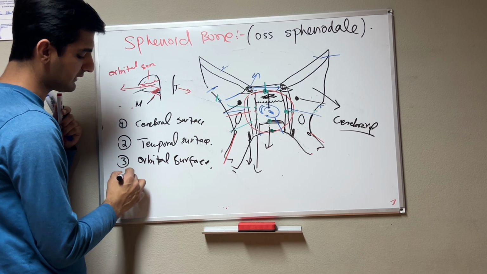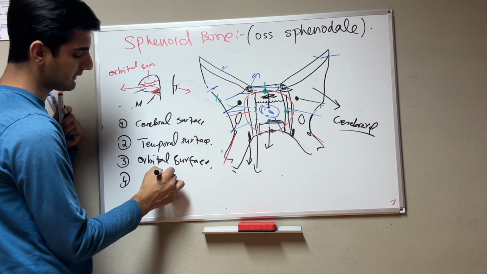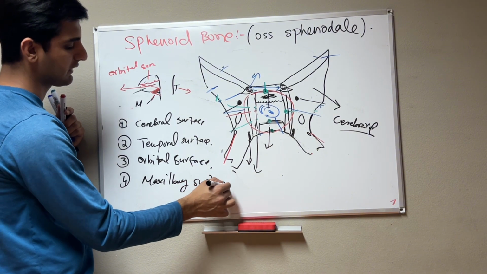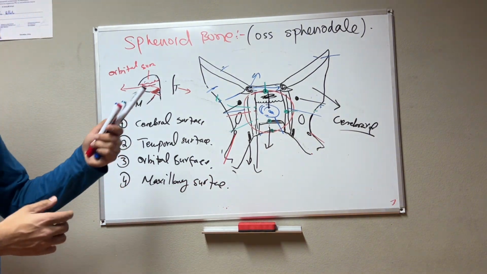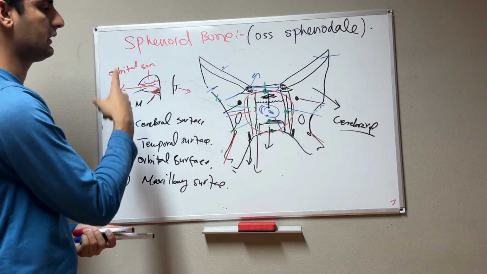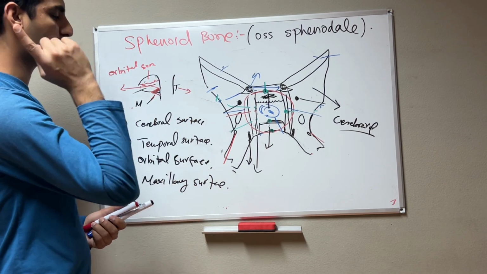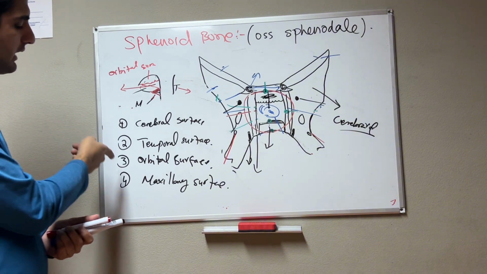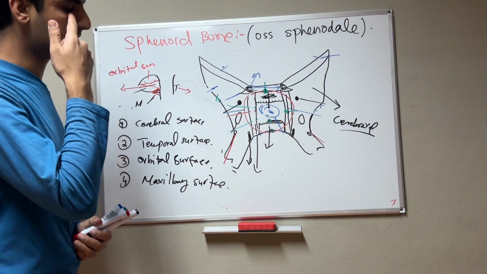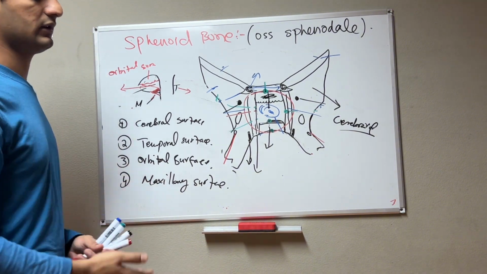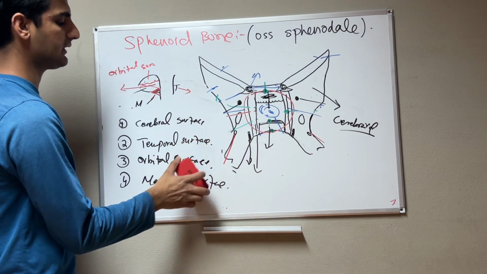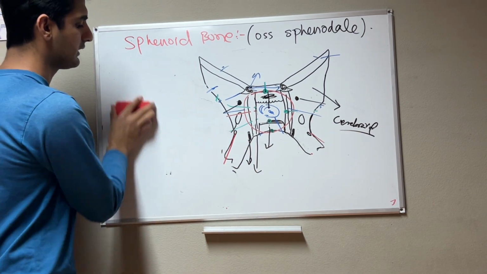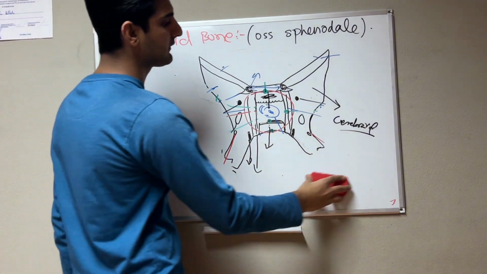And the fourth is the maxillary surface, facing the maxilla bone. These are the four surfaces of the greater wing, along with three foramina. This is the third part which we discussed in the sphenoid bone.